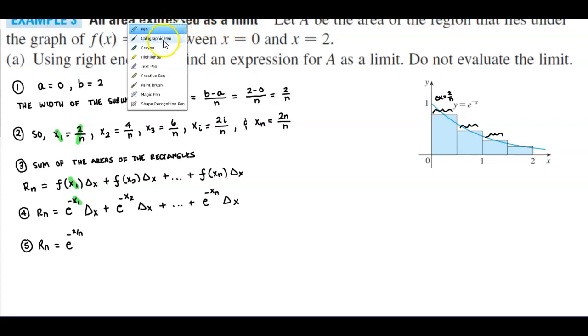Now what is delta x? Well, we know that delta x is equal to 2 over n. So now we're going to replace delta x with 2 over n.